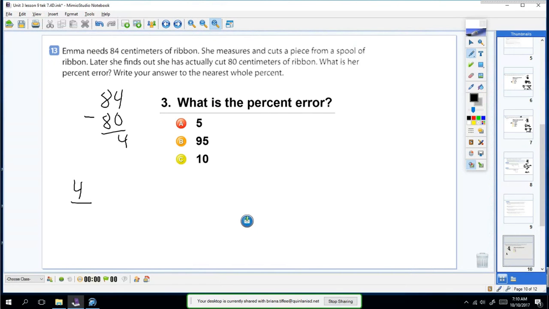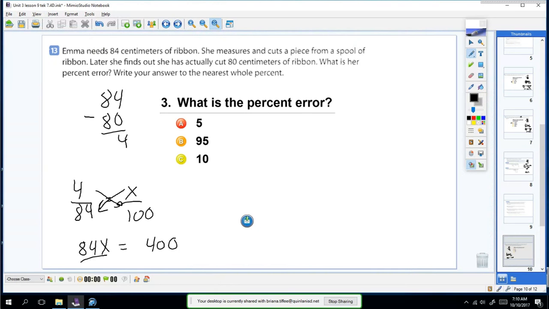So then you're going to do 4 over 84, because she needs 84 centimeters of ribbon, but she only cut 80. So we got to figure out her error. So it'll be x over 100. Now I don't know what I can multiply by 84 to get to 100 nicely, so we're just going to cross multiply. So 84 times x and 4 times 100 is 400.